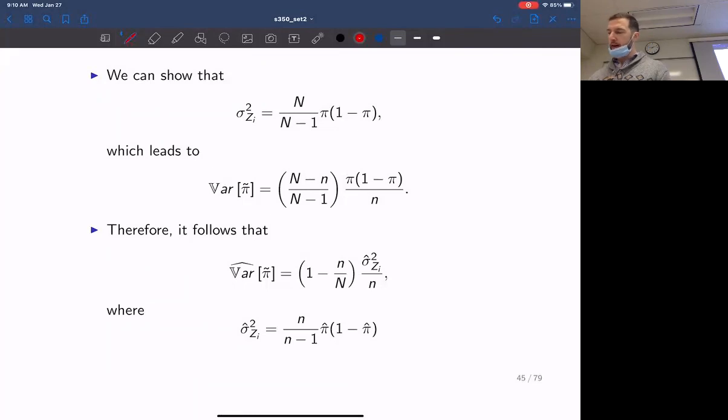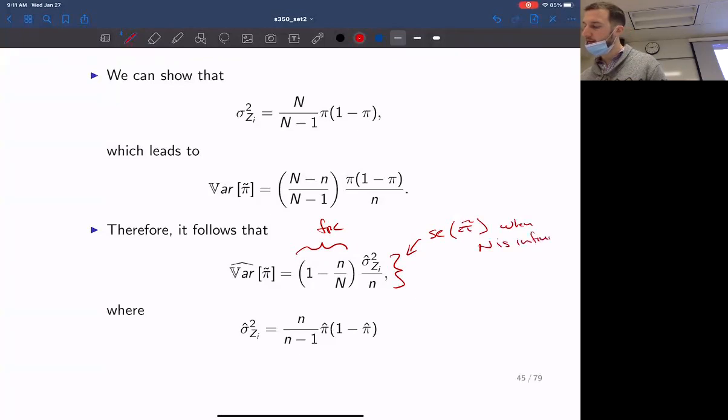And then we can show from that the variance for pi tilde is given below, which means that our estimate of the variance of the estimator for pi is going to be similar to what it was in the SRS case, with the finite population correction, multiplied by this quantity, which is sort of like the standard error of pi tilde when n is infinite.